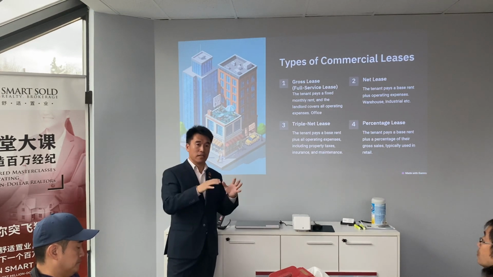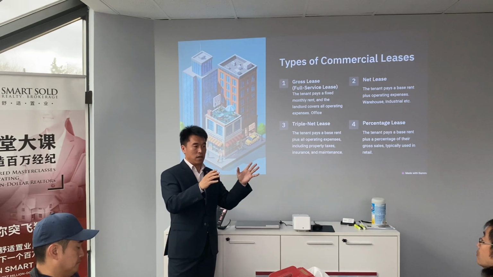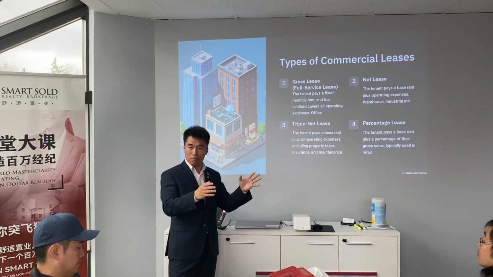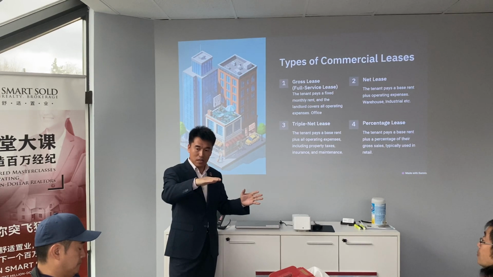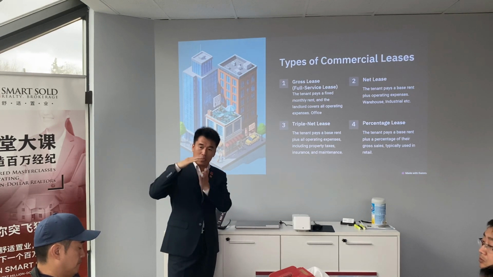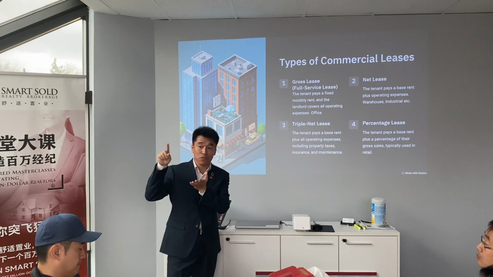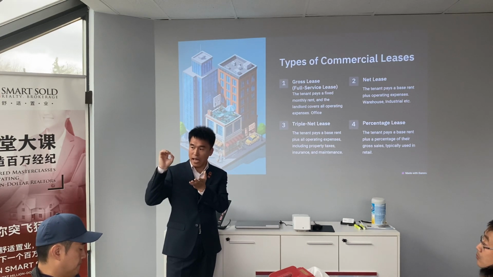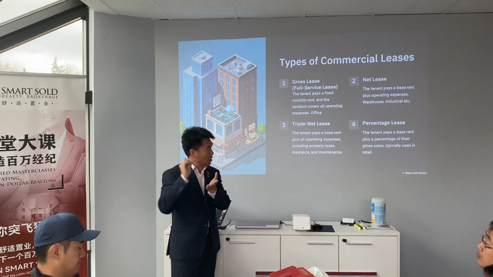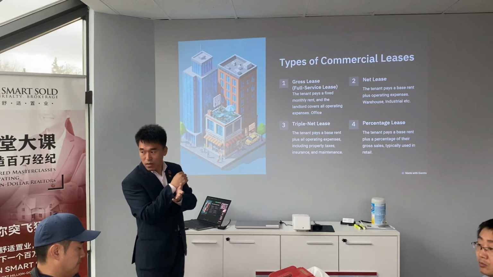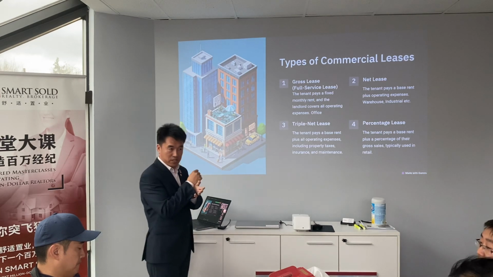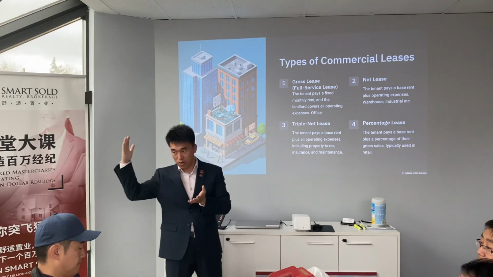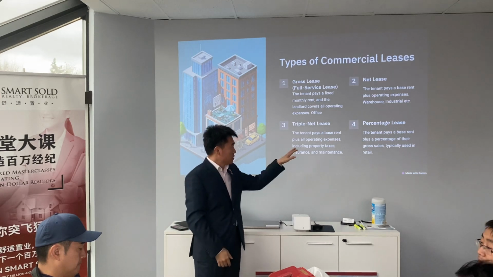For example, if the tenant's annual income is 1 million, then you go for the standard. If over 1 million, for the over part, you need to pay 2% as extra rent. That's called a percentage lease. 2% of the revenue or profit? The revenue. Based on the revenue, and on the extra part. Okay, so that's the percentage lease.